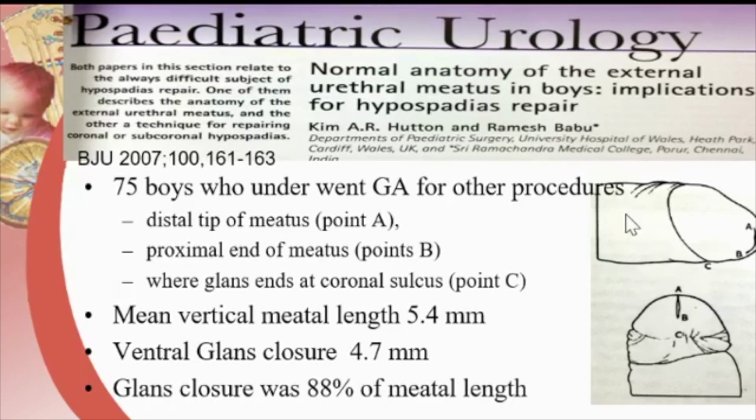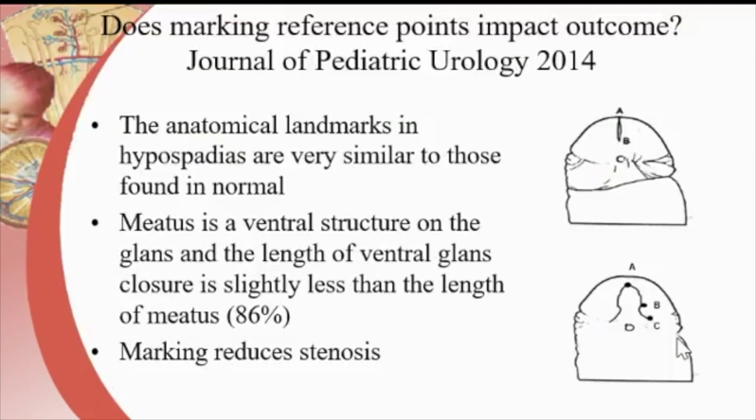So the vertical meatal length is as good as the amount of glans which is distal to the corona. So we have these points, and then we looked at it again and published in the Journal of Pediatric Urology in 2014. These anatomical landmarks are very much like normal patients in hypospadias also.